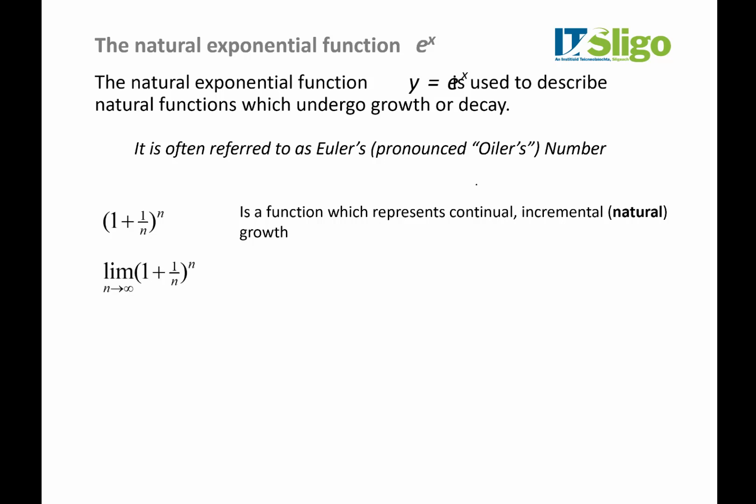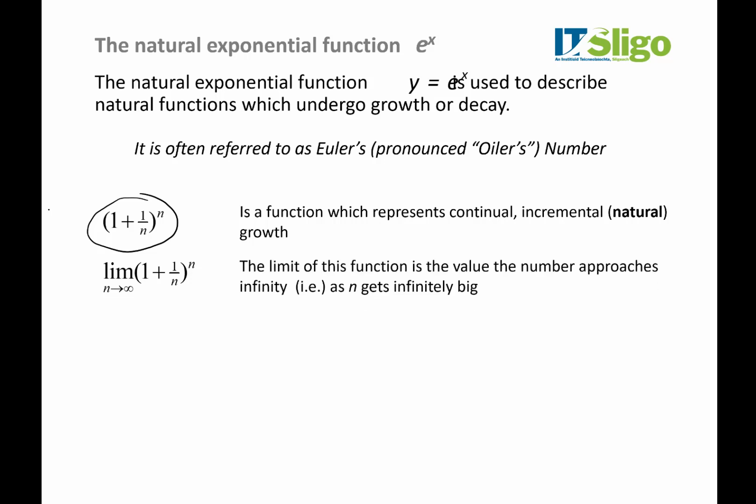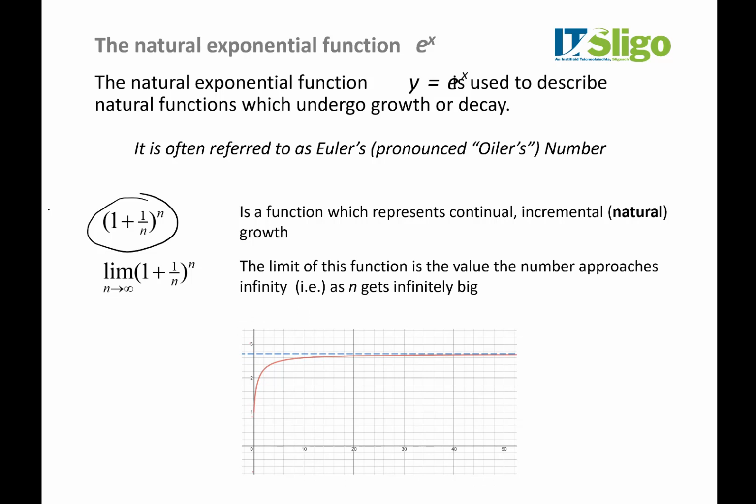Then he was looking for the limit. Well, as this function grows, just like with Zeno's paradox, as the soldier moves from city A to B, what's the limit? What value is he going to get very, very close to but not actually reach? In this case, the limit is, as we saw, 2.7 whatever.